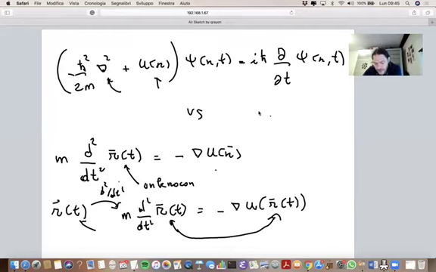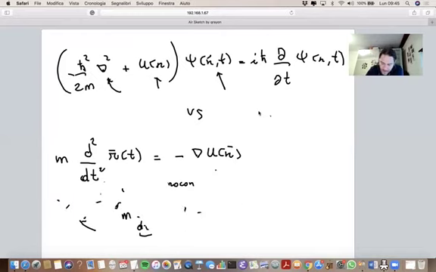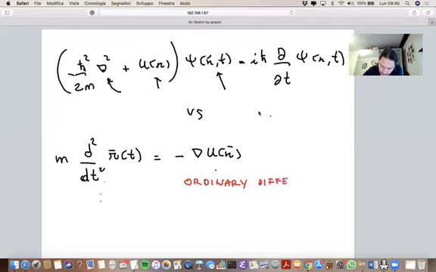Now, the important thing here is that the function that you're looking for depends only on one variable, time, while the function that you're looking for here, psi, depends on multiple variables, x and t. So Newton's equation, since it depends only on one variable, has derivatives with respect to one single variable. These are ordinary differential equations, versus a partial differential equation.